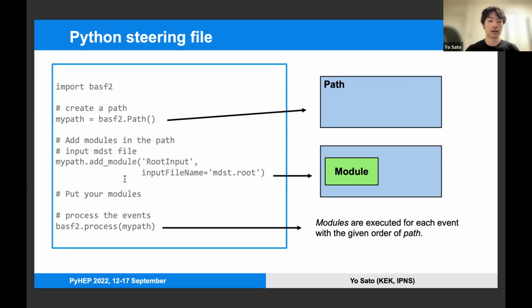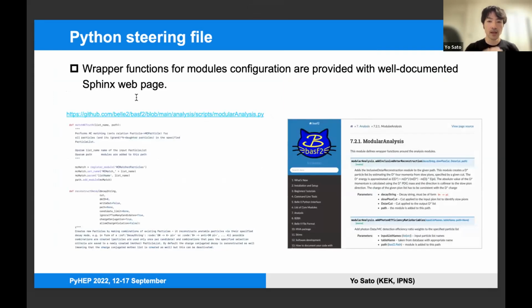And in the PyHEP2 framework, there are a lot of wrapper functions, especially for adding the module part. So there are a lot of wrapper functions for module configuration and adding the module in the path, provided with a well-documented Sphinx web page.